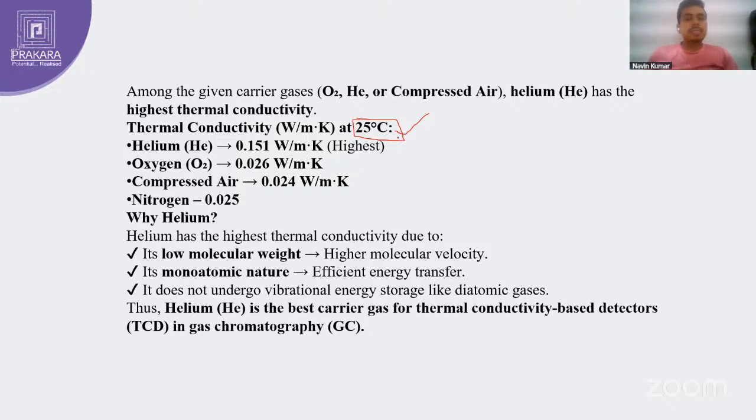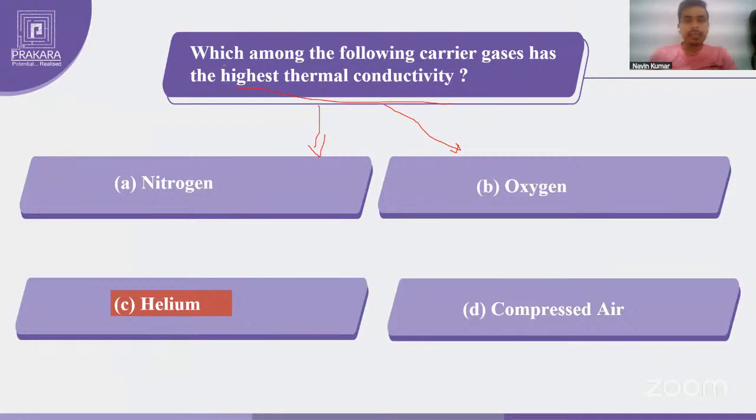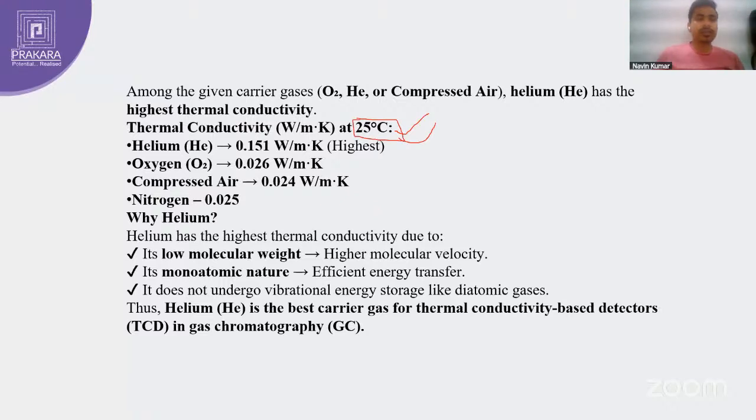So you can easily find out the thermal conductivity of the given gases. So here the question is about the highest thermal conductivity, and the given options are nitrogen, oxygen, compressed air, or helium. So here you can see the thermal conductivity of each of the molecules.